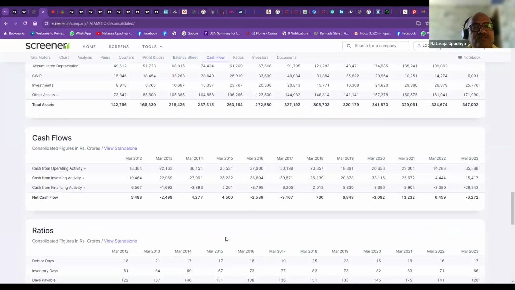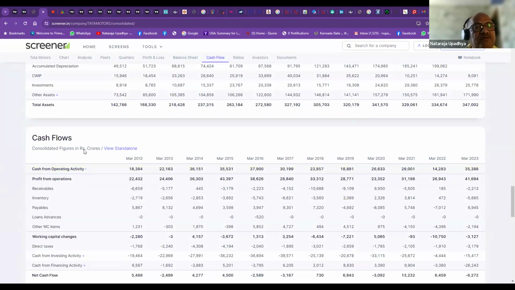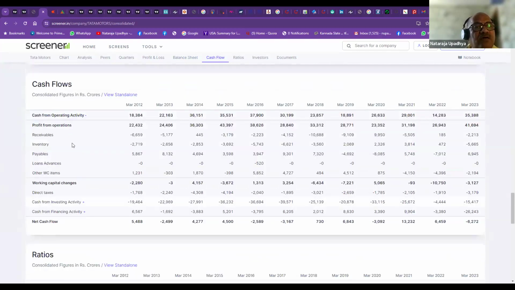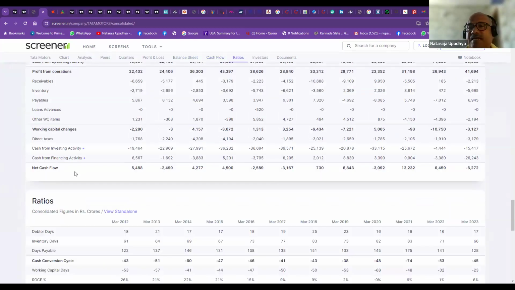Then there are cash flows. Cash flow is important to run the company: cash from operating activity, investing activity, financing activity. Again, there are a lot of details here, where the cash flow happens in terms of plus or minus, working capital, net cash flow.